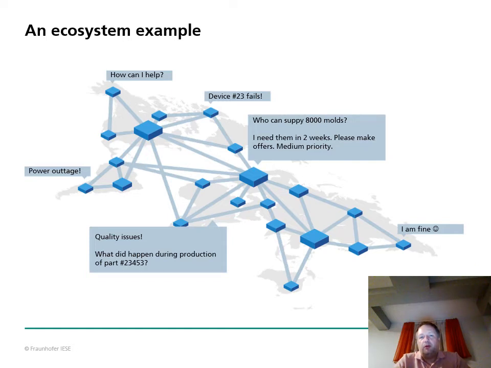So for example, if one device fails, like here shown, device 23 fails, another company could take over and could say, okay, I can take this order and I can make sure that the parts are shipped to you in time. Or maybe the companies could implement a load balancing, a marketplace that says, who can supply 8,000 molds?